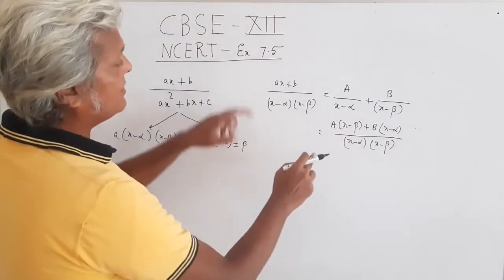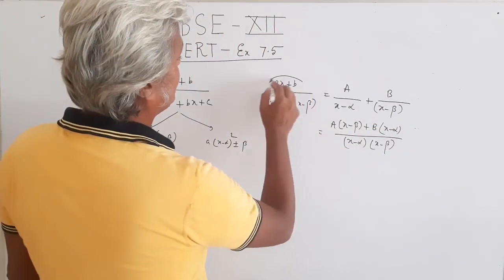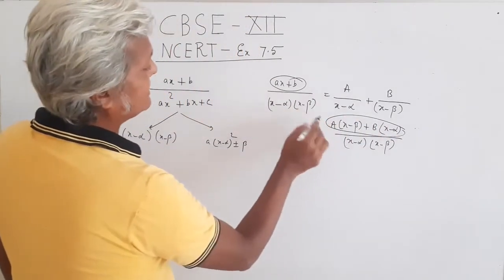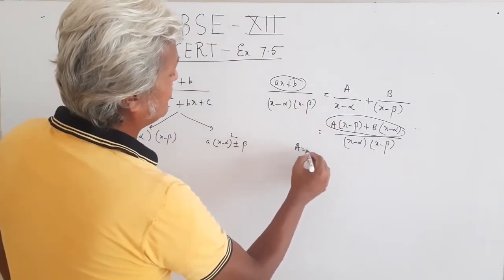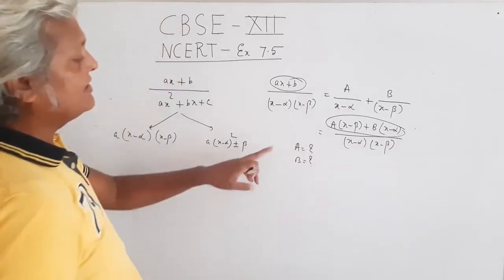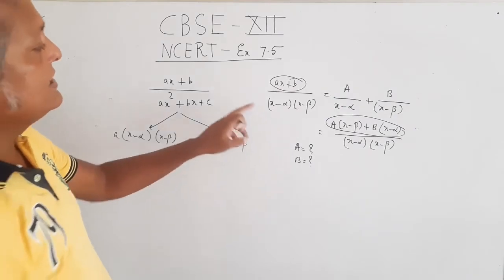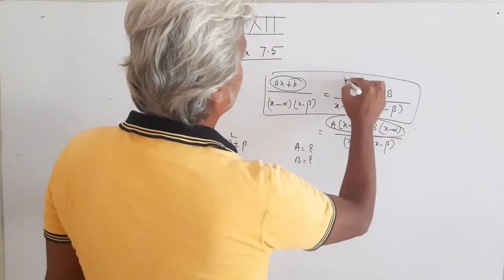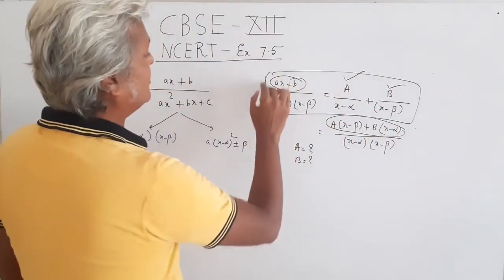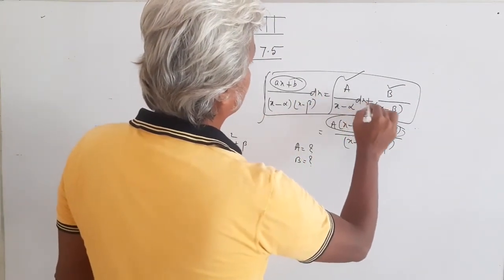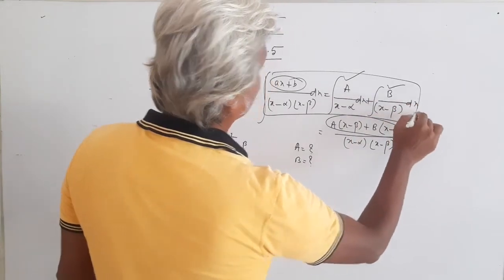Then by comparing the numerators, because their denominators are all the same, we find the value of A and the value of B. Once you find A and B, your expression can be written directly in terms of these two, and instead of integrating this expression you just integrate these two and the job is done.